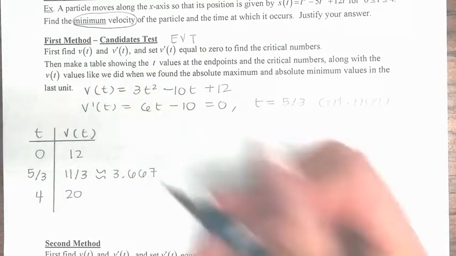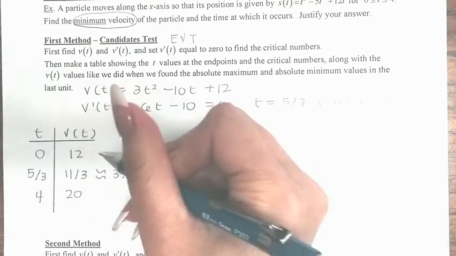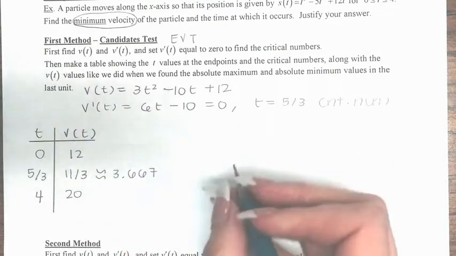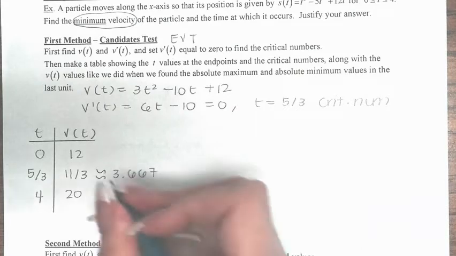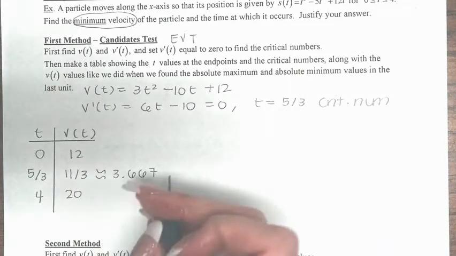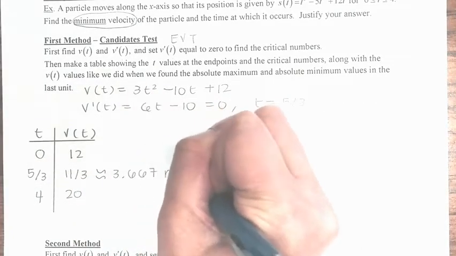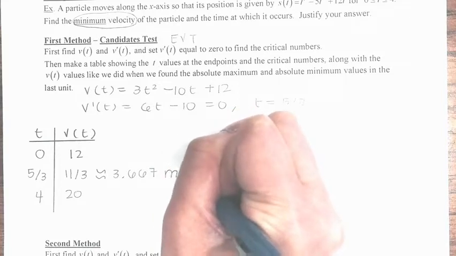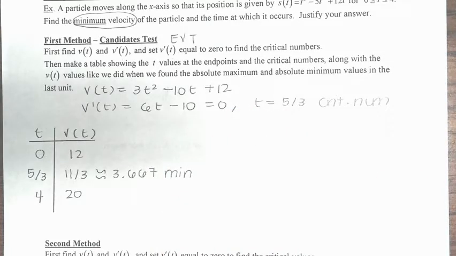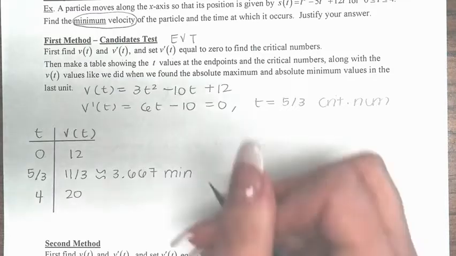Now, typical EVT problem, we compare the numbers, and in this situation we wanted the minimum, therefore we want the smallest number here. The smallest number is 3.667, so that's going to be your minimum. And that's pretty much it. We're going to conclude.